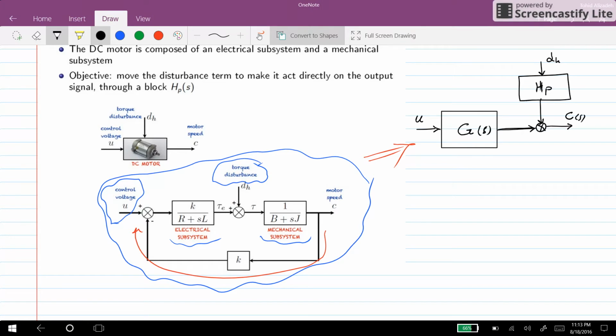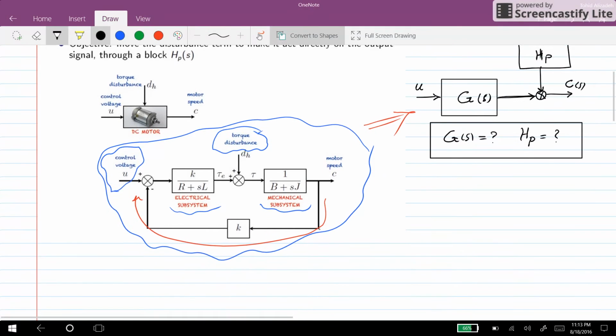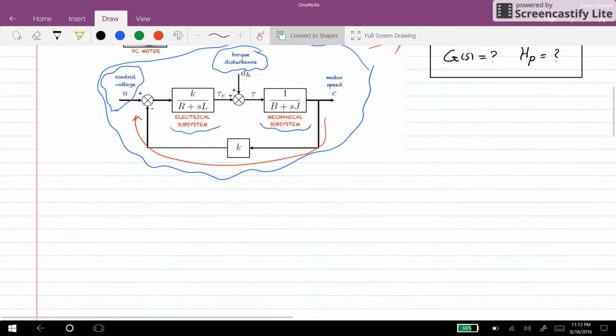So now what we need to do is to find out G and HP transfer functions. Afterwards, we will be able to use this model, and later on we can design the controller in order to control the speed of the motor, for example. So let's see how we can do it.